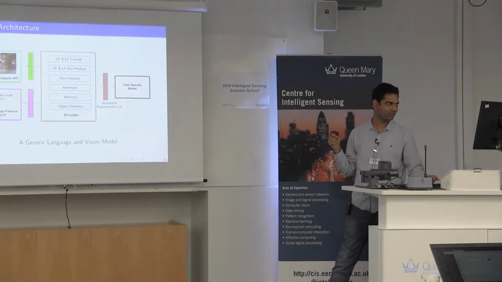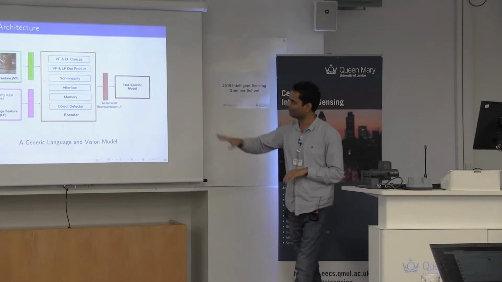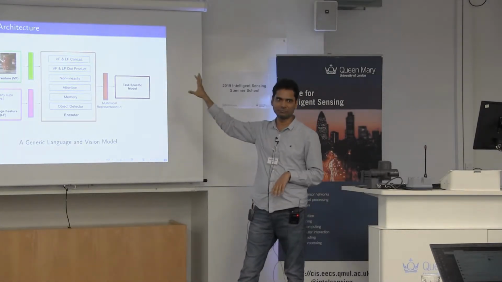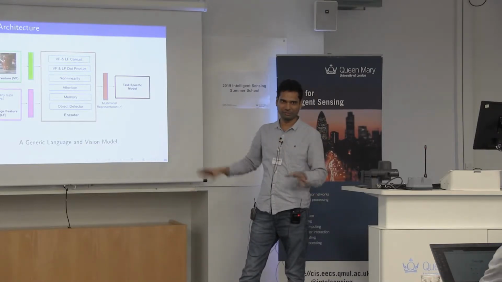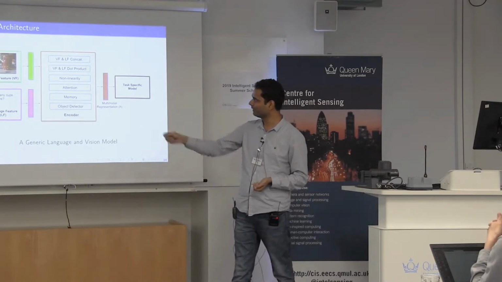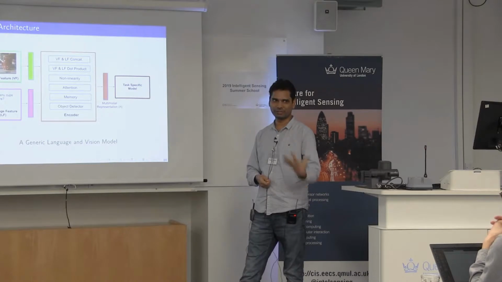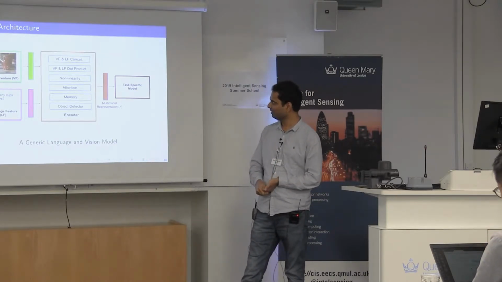Similarly, in the models, if I look at it in a very broad sense, you get a visual image and convert that into a visual feature using your favorite feature mechanism. Then you take your linguistic information, it can be question answering, it can be dialogue, and you convert that into a language feature.